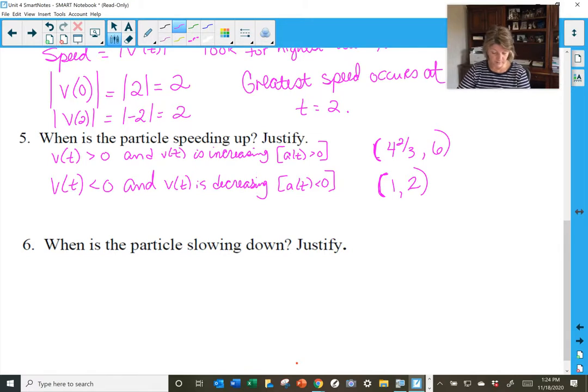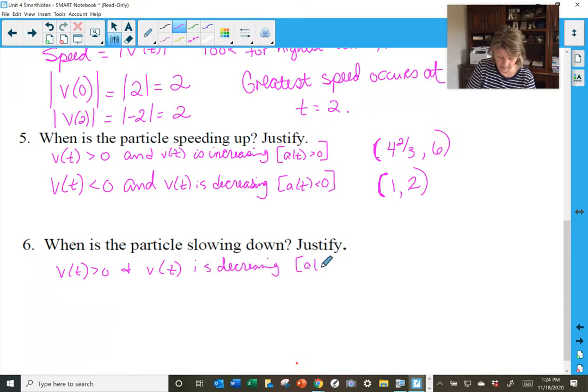Okay. When is the particle slowing down? It's going to be on the other time frames. It's going to be when v of t is greater than 0 and v of t is decreasing, which indicates to me that a of t is less than 0.